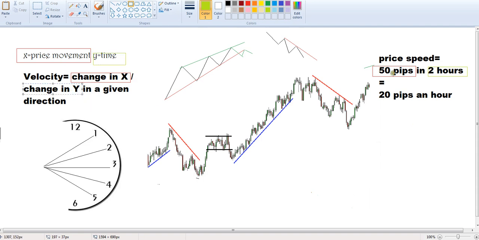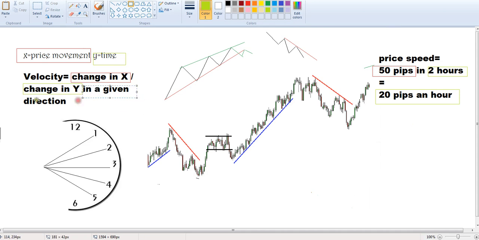So that's the speed. Velocity is basically change in price over change in time. So if the change in price is 50 pips and the change in time is 2 hours, that gives us an average rate, or speed, of 20 pips an hour. That's speed. Now velocity takes it one step further: in what direction.